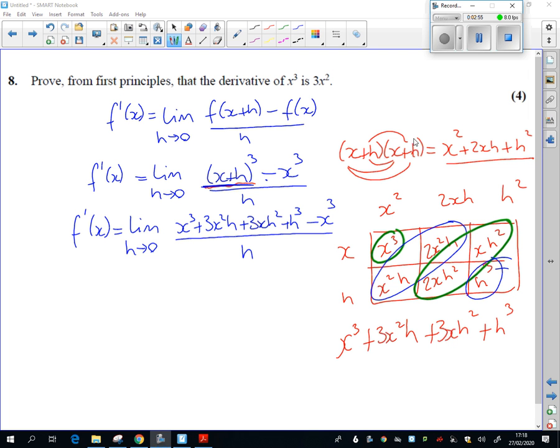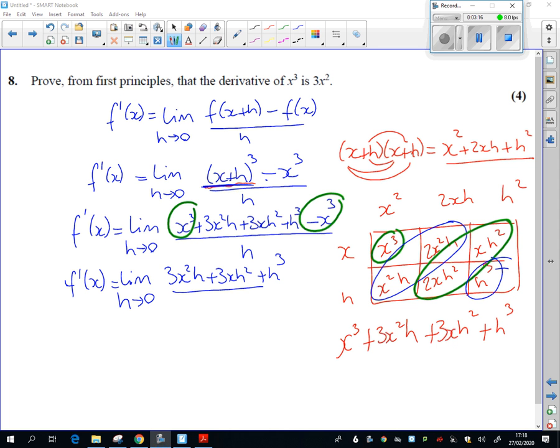So what's now going to happen is that take away that is cancelling. So I could also cancel through by h at this stage, but I'll write it as a separate stage just to be really clear. So 3x squared h plus 3x h squared plus h cubed all over h.